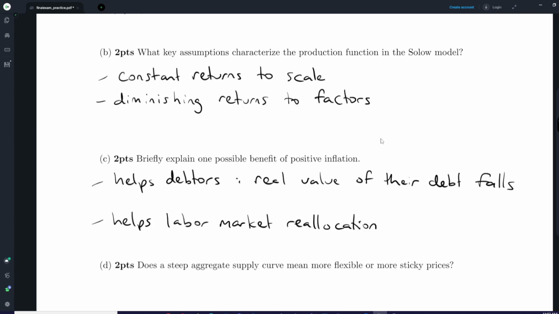Or they feel differently about getting a 0% raise with 2% inflation than a minus 2% pay cut with 0% inflation, even if those things in real terms are identical, right? So it might give some flexibility to real wages, and wage flexibility is good because it helps people reallocate to where their labor is most valuable.